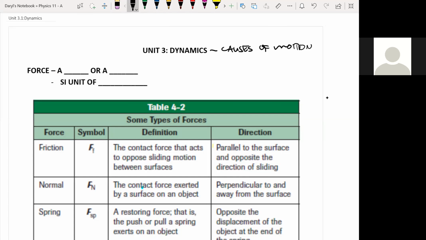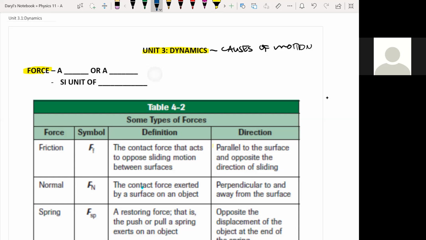Causes of motion. And we will try to explain why objects behave that way using mainly the 3 Newton's laws. Okay, and an important quantity when we try to talk about dynamics is the quantity force.